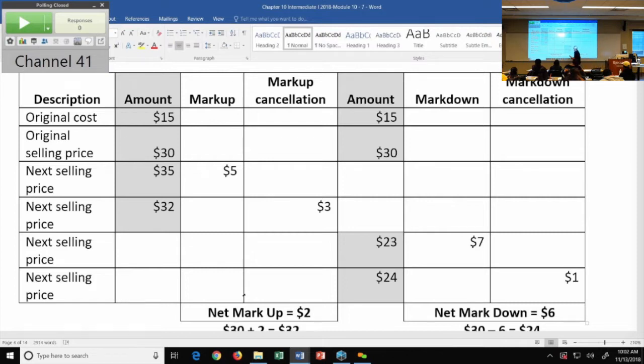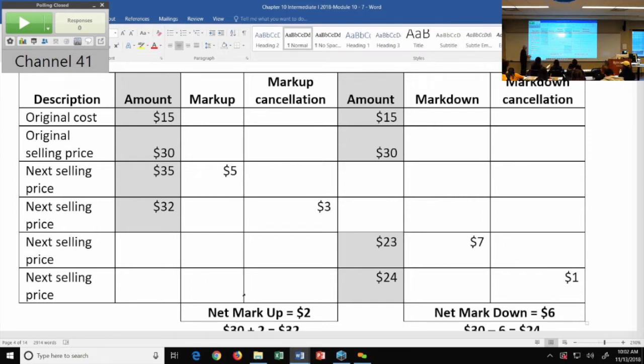On page 4, with module 7, you'll notice that if I have an item that I buy for 15 and my original selling price is 30, you might say there's a markup of 15 there. We're not going to worry about that. The terminology we're using is whether or not you change the original selling price. Have you modified the original retail price? If that retail price goes up, that's called a markup.